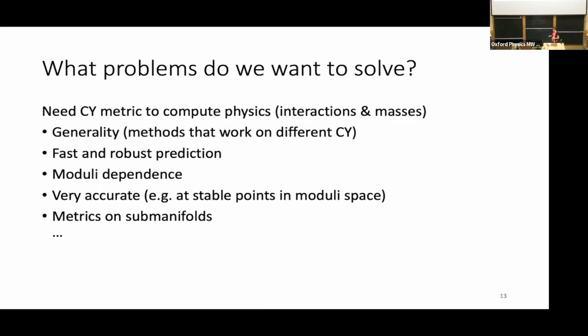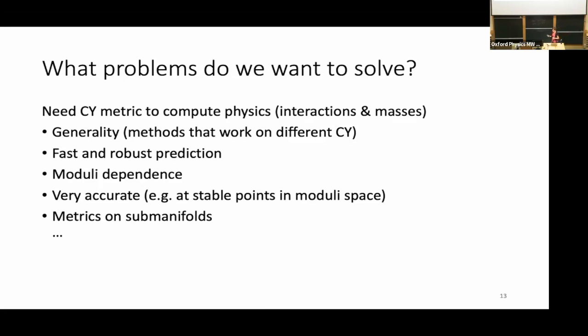So in order to do that, we want a method to compute the metrics that is general, so that we can pick the Calabi-Yau manifold that we like most and compute the metric on that. We don't want to be restricted to a quintic with a lot of symmetries on it, because that might not be the manifold that gives us the three chiral families of the standard model, say.